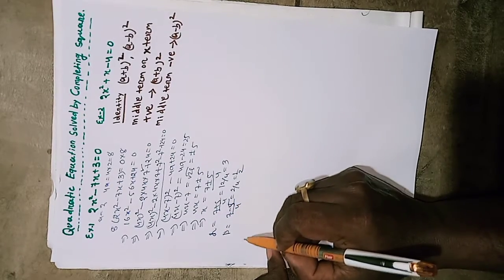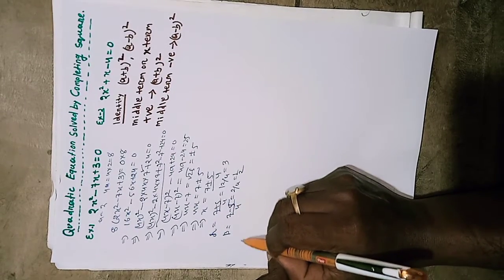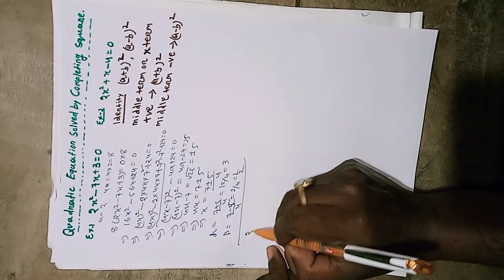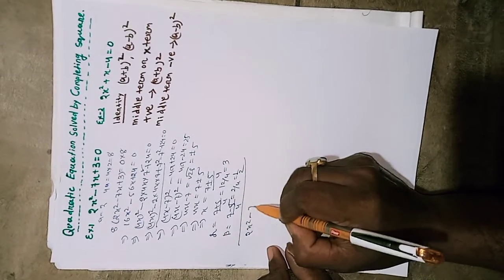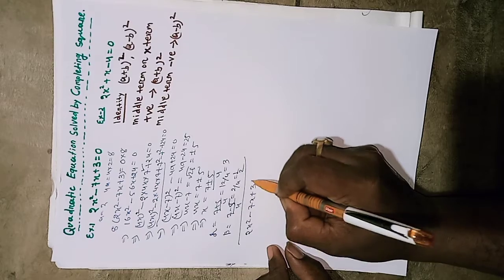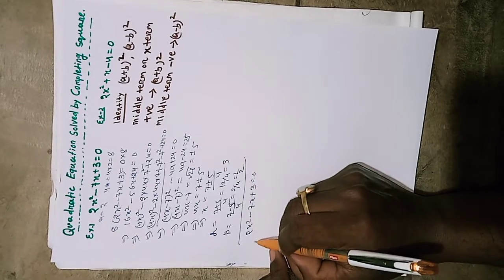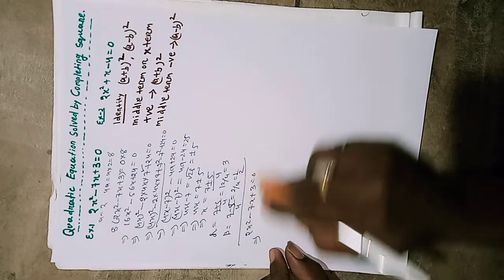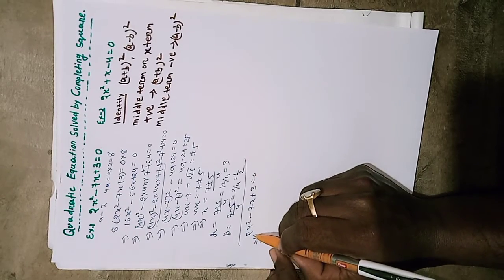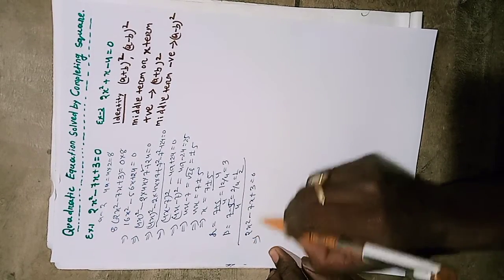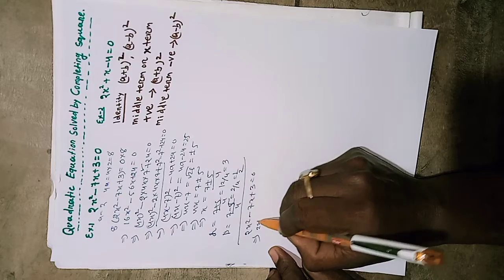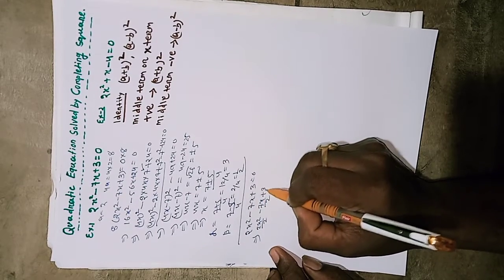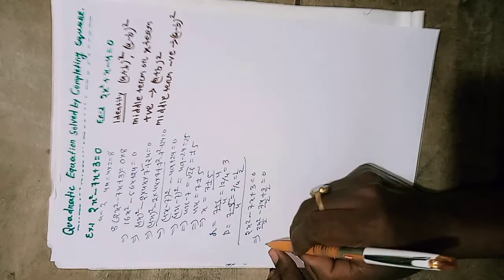Second process, division process. Write the same equation, 2x square minus 7x plus 3 equal to 0. Now divide the coefficient of x square in each term. Coefficient of x square is 2, divide 2 on each term. 2x square by 2 minus 7x by 2 plus 3 by 2 equal to 0.